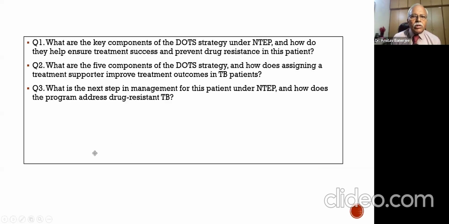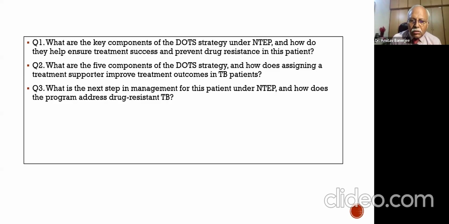What are the key components, and how do they ensure treatment success? Provided this patient does not drop out, and provided this patient has an uninterrupted supply of drugs. As I said, last year there was a drug interruption.